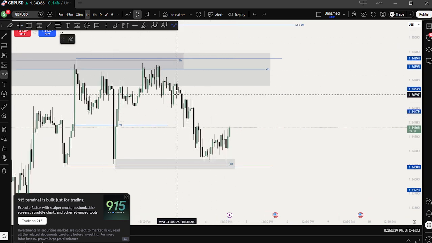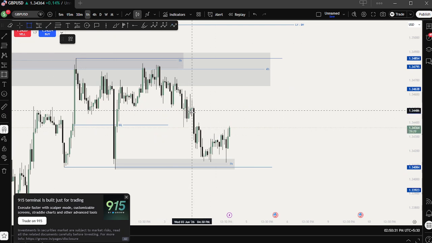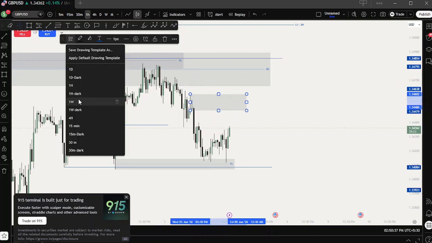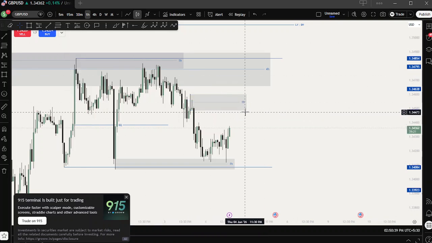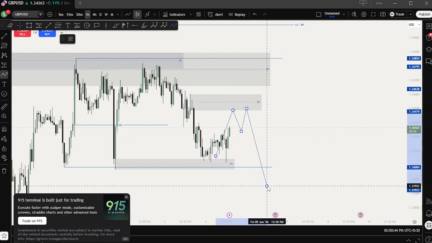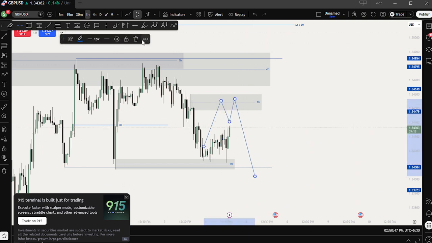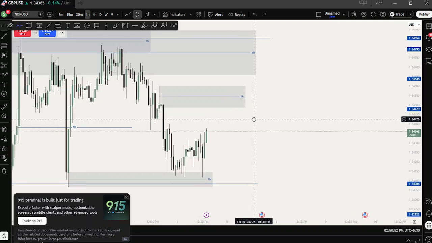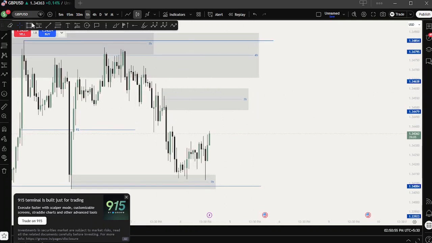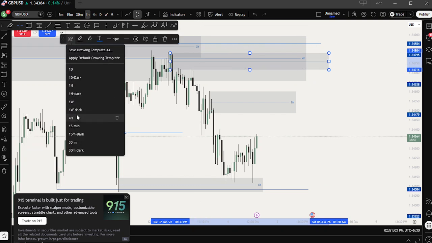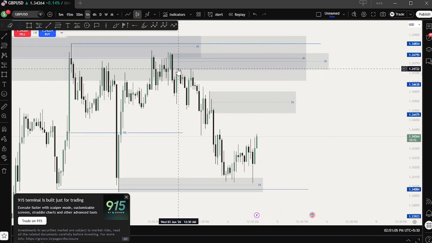Second scenario, there is this POI at this moment from where potentially price can try to fall. But in my humble opinion, what I prefer is this: if you notice, there is this POI that had been formed but has slightly been mitigated at this moment.